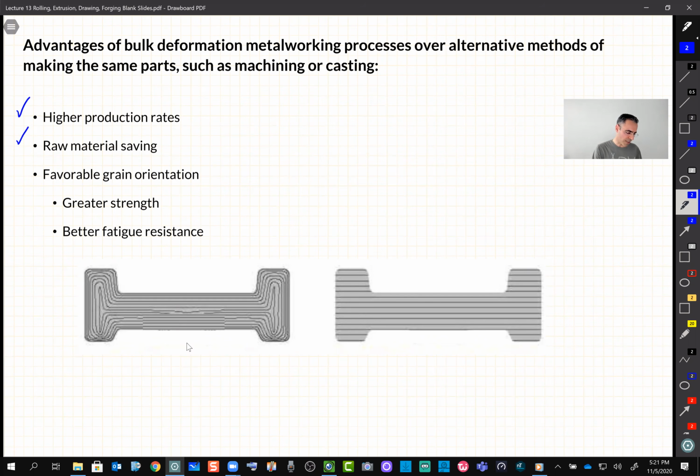And of course, the grain orientation, which this dumbbell example gives you an idea of, but I will elaborate more. As Ahmad asked, we'll talk about it a few slides later. This makes forging a favorable process for making many things.